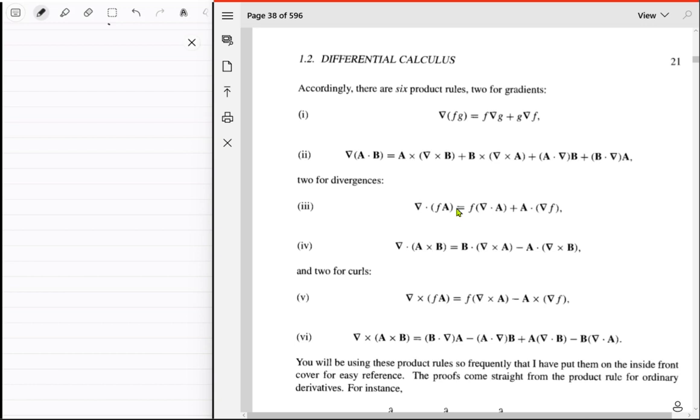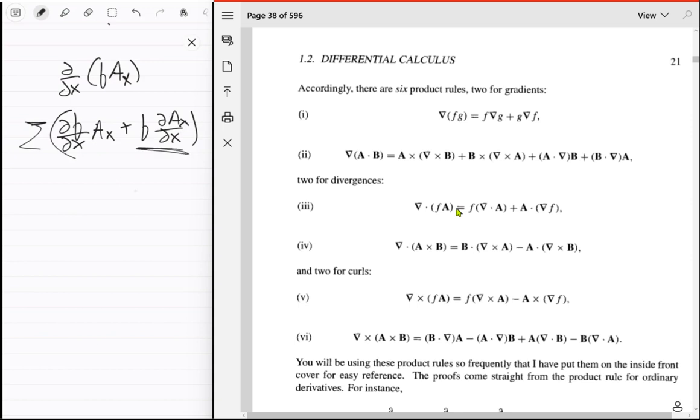So the first term is partial x of f Ax, which is partial x of f times Ax plus f partial Ax upon partial x. So you just sum this up cyclically, and this stuff becomes f times the divergence of A. And what about this one though? You got partial f partial x and then stuff going on.